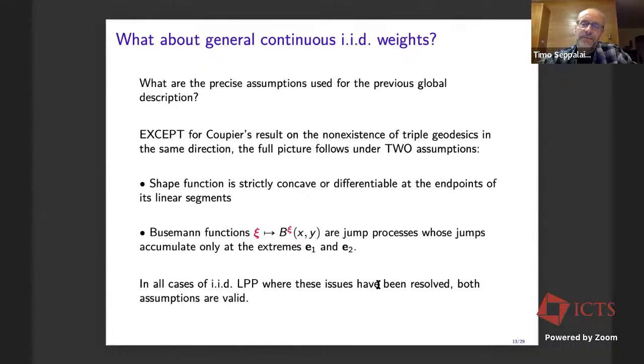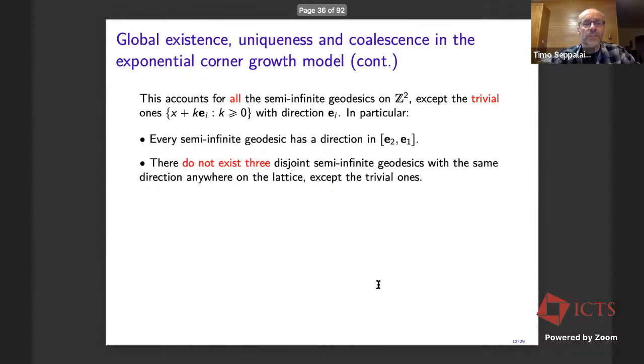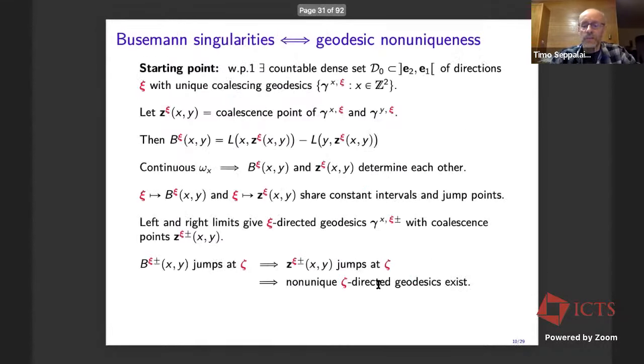Suppose there's an accumulation point in the interior, does that? That's exactly, thank you. I should have addressed that point. So let's go back to this slide here. I should have really highlighted here that this breaks down if we don't know this regularity about the Busemann function.